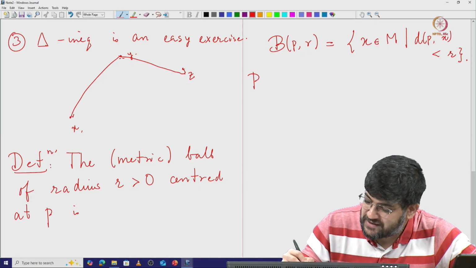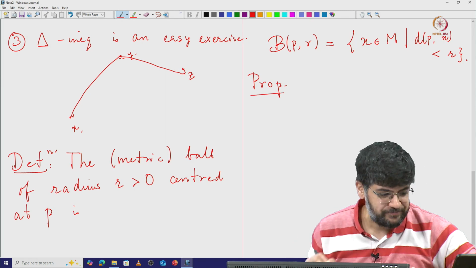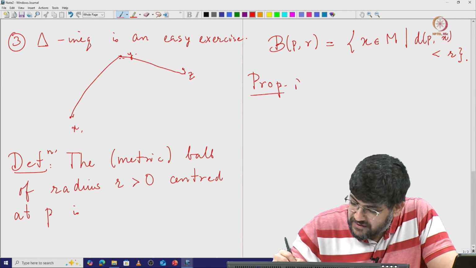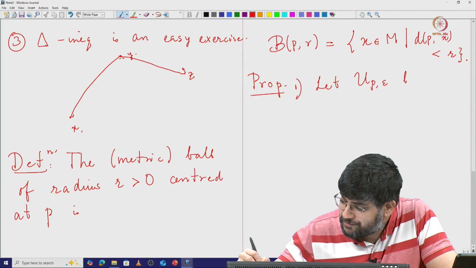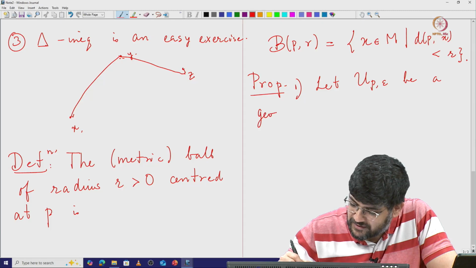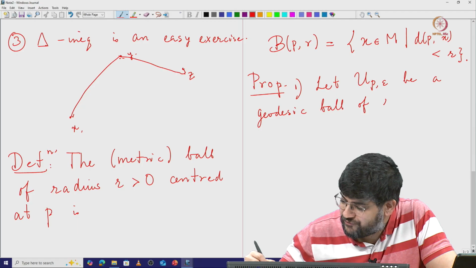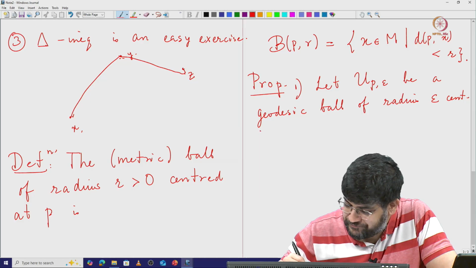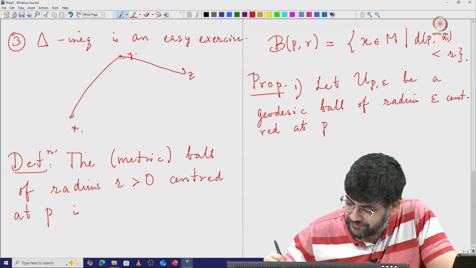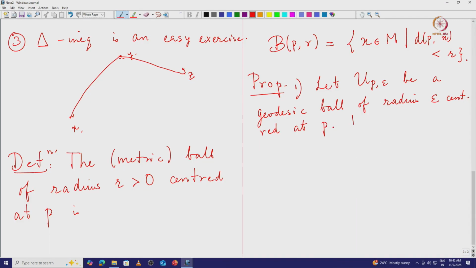Right, so here's the key proposition. Let U_P(epsilon) be a geodesic ball of radius epsilon centered at P. Then U_P(epsilon) is in fact the metric ball of radius epsilon.